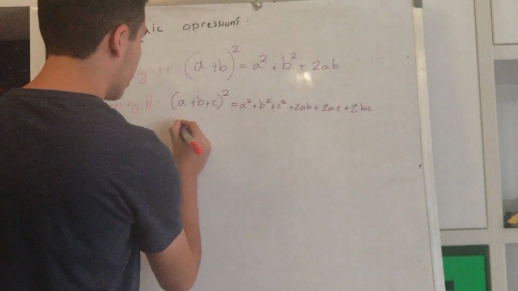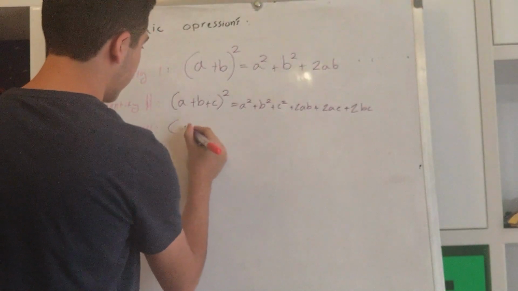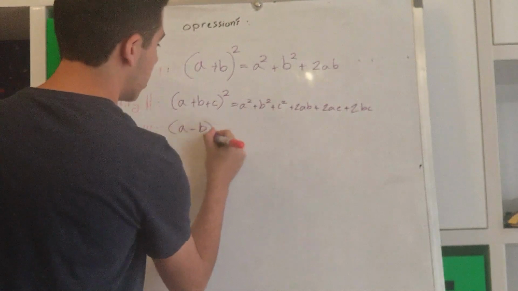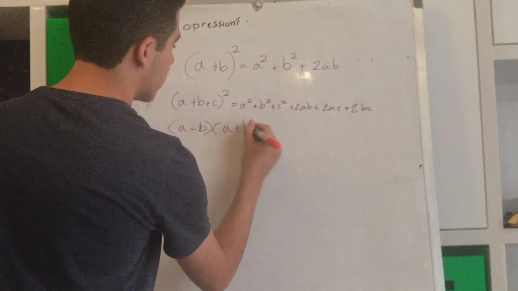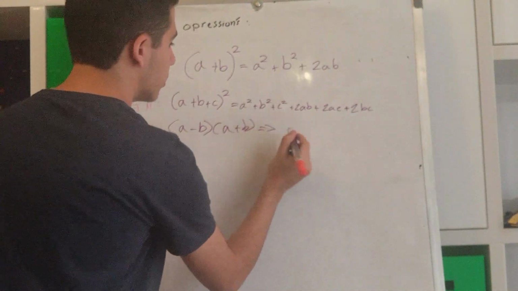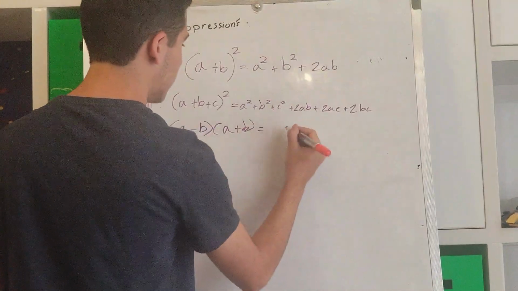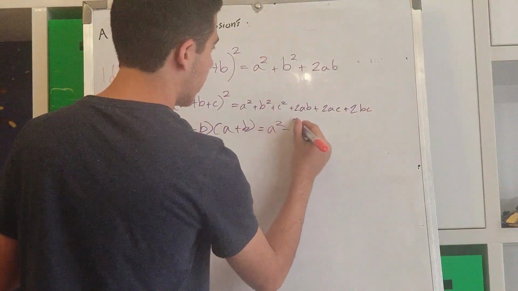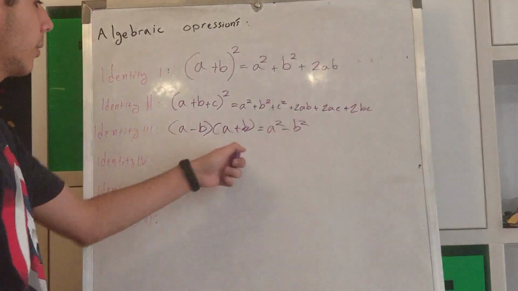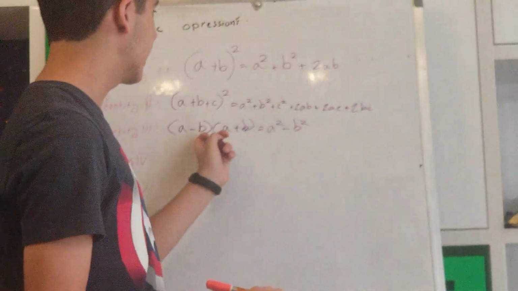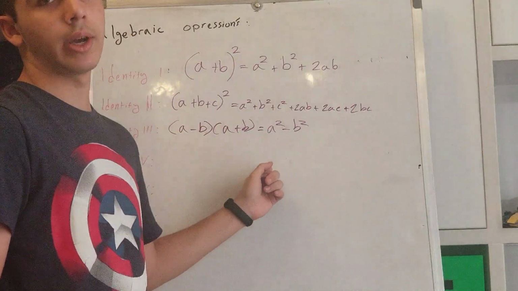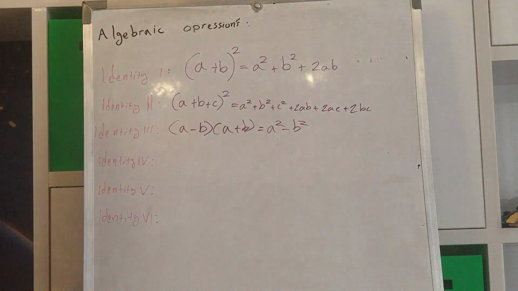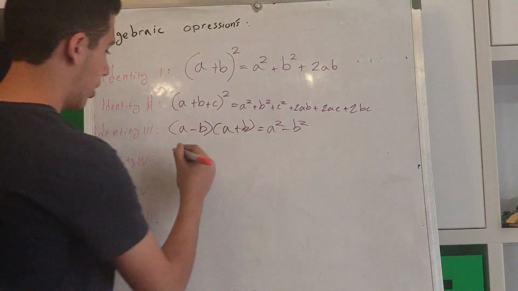So this is what identity 3 is. a minus b times a plus b, which equals a squared minus b squared. Now if you multiply these guys, you will understand why it's that. Now, identity 4.